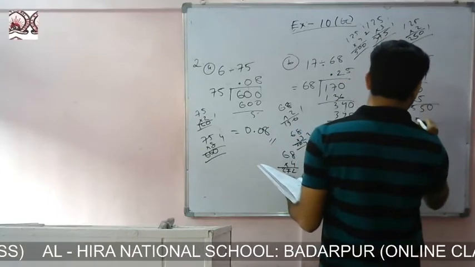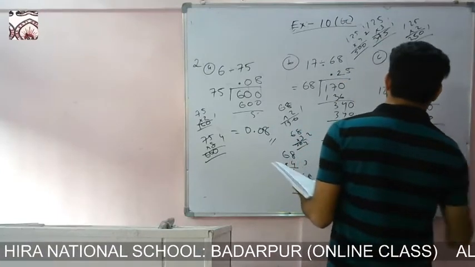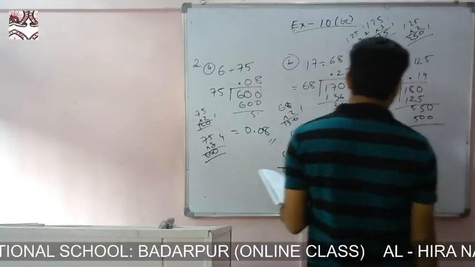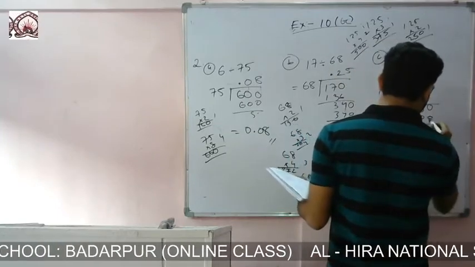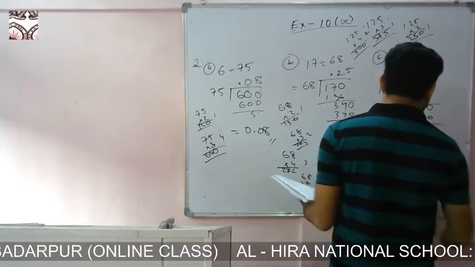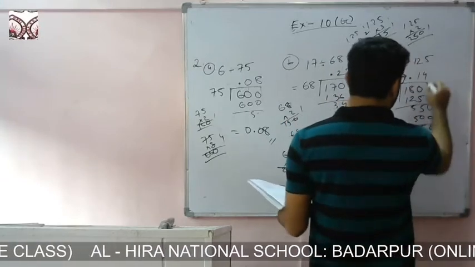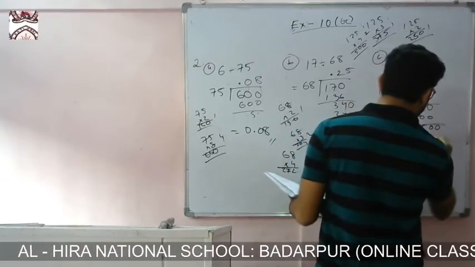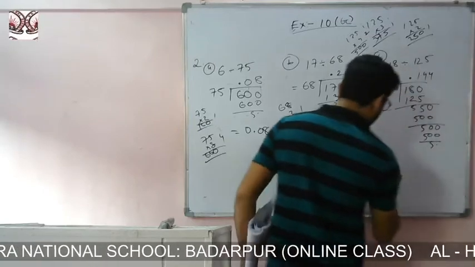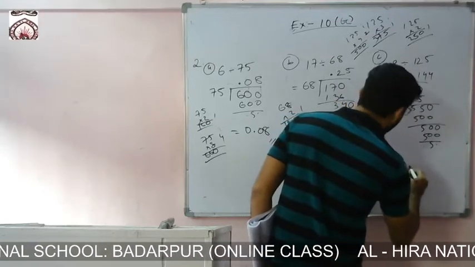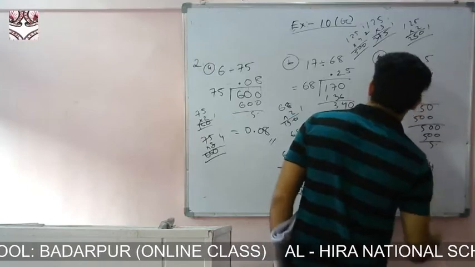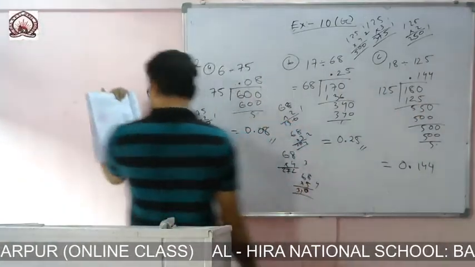Then 4s are what? 500. Then 0 here, 5. Okay. So point is there. We will put 0. Again 4s are 500. So we can write 0.144. Okay. Now come to D.